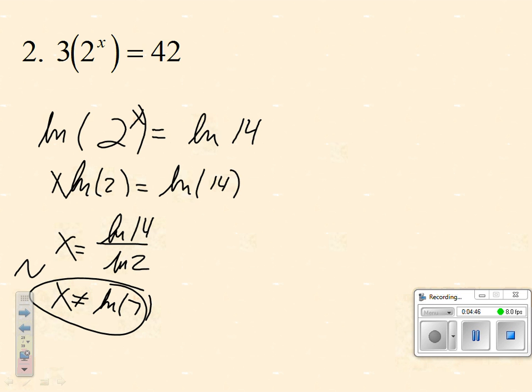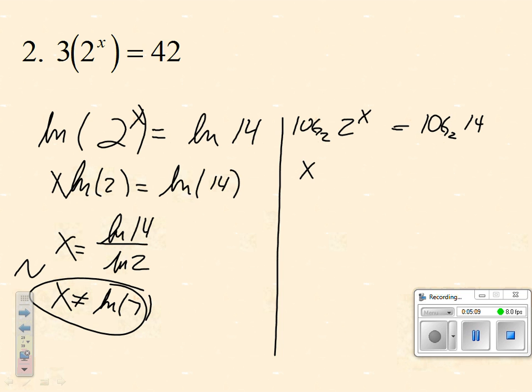A minute ago I mentioned you can bring any logarithm you want into this equation. Let's see how this looks if I decide to bring log base 2 in its place. 2 to the x is 14. If I bring in log base 2, this becomes x times log base 2 of 2 equals log base 2 of 14.